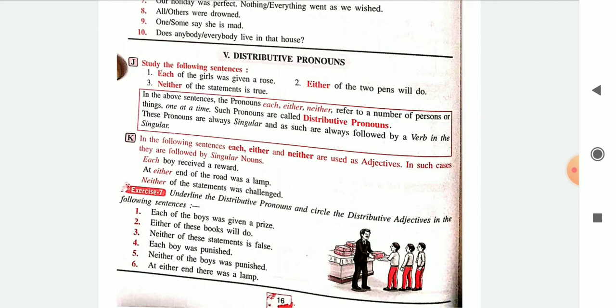Let's go to the first one, each of the boys. It is a distributive pronoun. Let's go to the fifth one, neither of the boys was punished. It's a distributive pronoun. I hope you understood the difference. If there is a noun immediately after the word, it's an adjective. If you don't have a noun, it is a distributive pronoun.